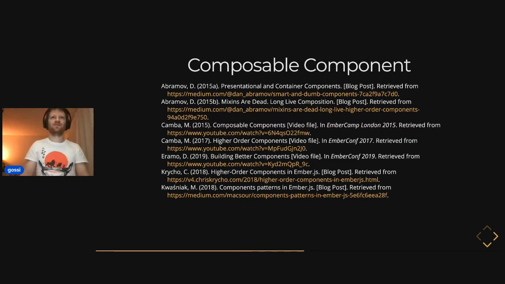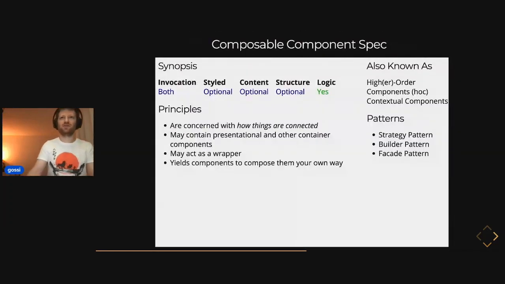Composable components most of the time come with both invocation styles. They can have style, they can have content, and they can have structure. And most of the time, they have some logic. You might also know them as higher order components or contextual components, as these are the names that they go by in the literature.